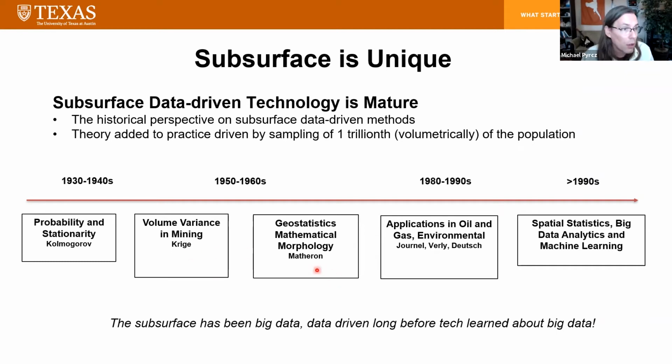Then we have Matheron, who developed the theory on top of the practice of geostatistics, inventing geostatistics and mathematical morphology. I wish I invented two sciences. That's very cool. Next, we go to Journel and Verly and my PhD advisor, Deutsch, who really worked hard to make these approaches practical for the subsurface resources of all types.